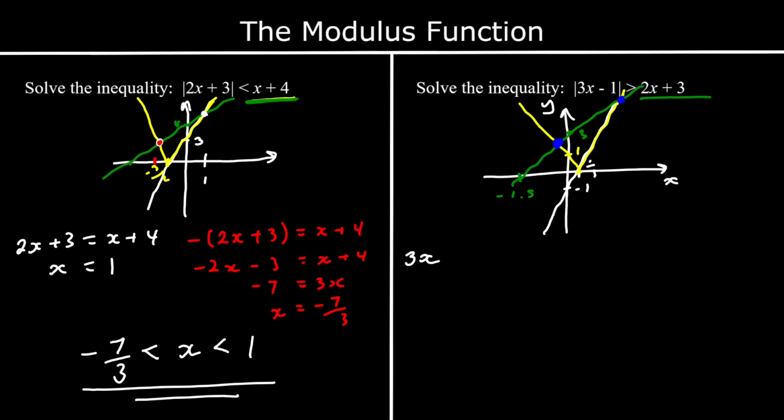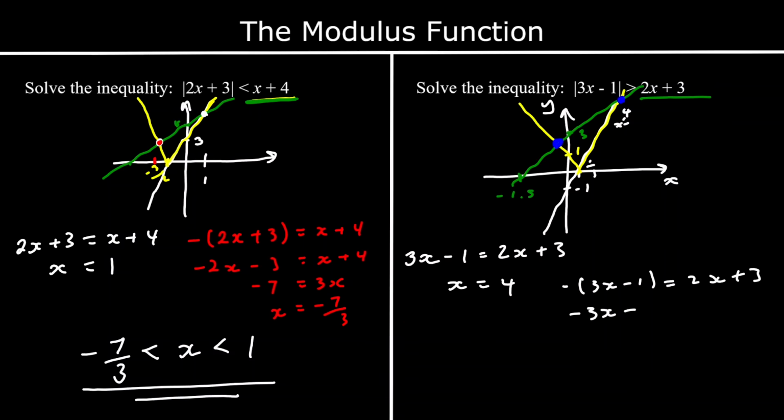So the original line, the white one I drew, is equal to 2x plus 3. Take away 2x, add 1, that's at x equals 4. And for the reflected bit, we've got minus 3x minus 1 equals 2x plus 3.